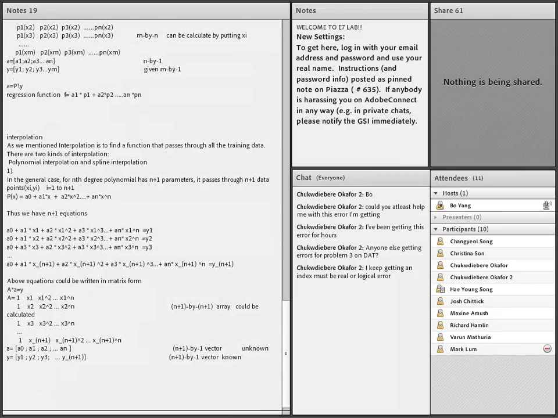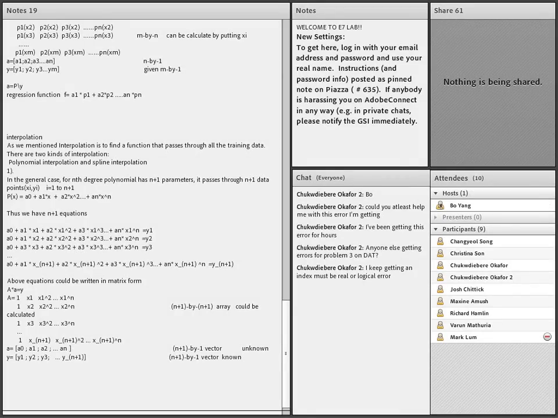We write it into matrix form: capital A multiplied by small a equals y. We can see the capital A is an n plus 1 by n plus 1 array, which can be calculated by putting x1, x2 to x(n+1) in. And a is the unknown coefficient vector, n plus 1 by 1, and y is an n plus 1 by 1 vector, which is known.